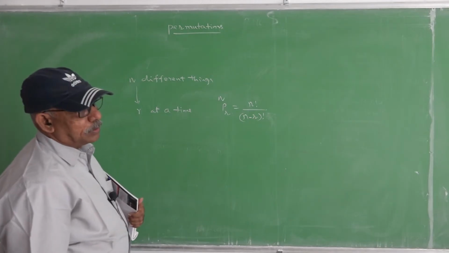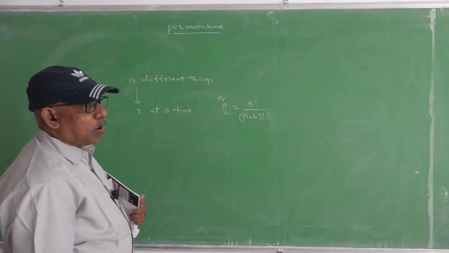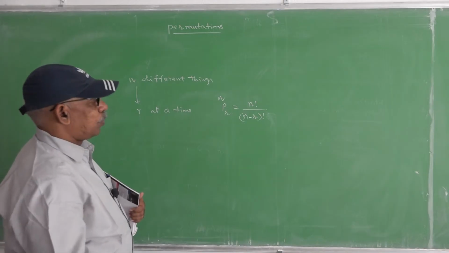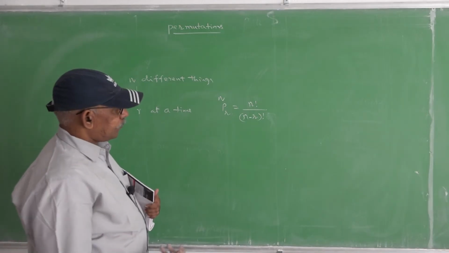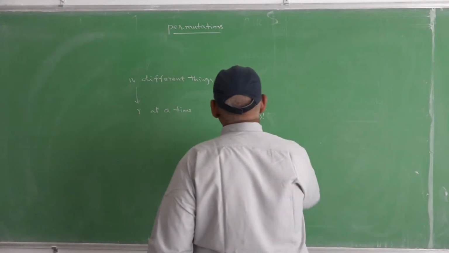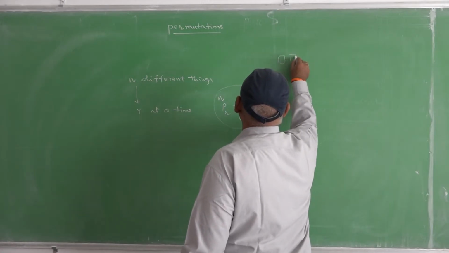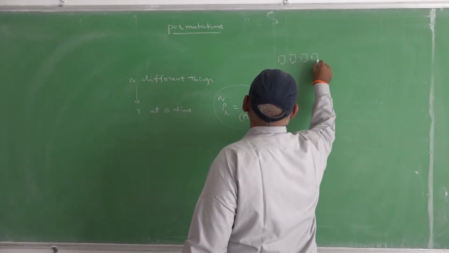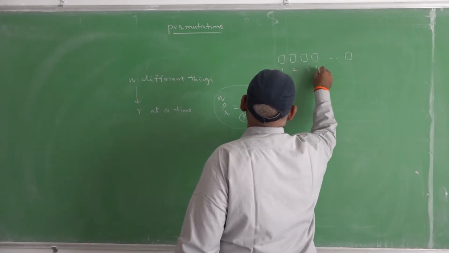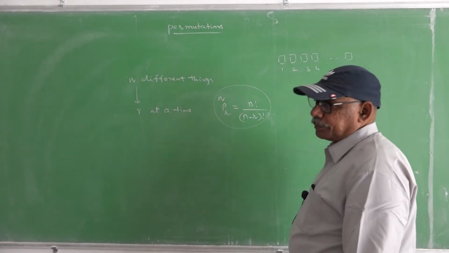The number of arrangements of r dissimilar things taken out of n dissimilar things in a row is nPr, n factorial by n minus r factorial, because that is nothing but filling up of r blanks with n different things.